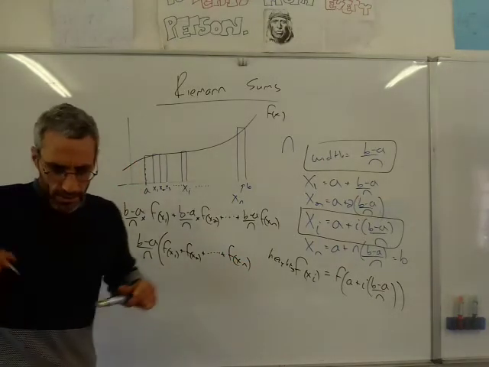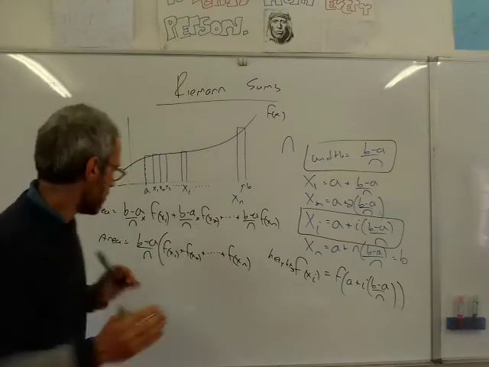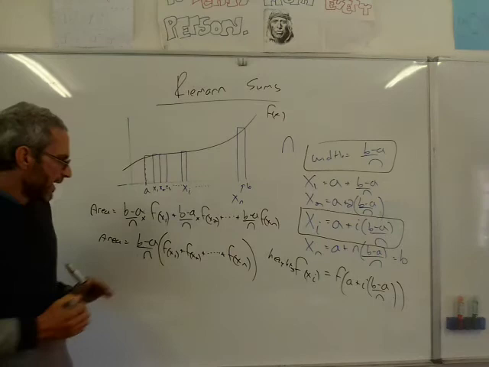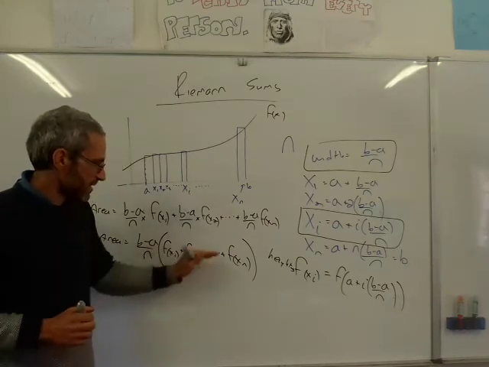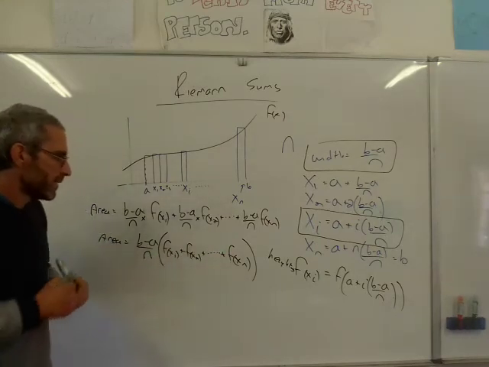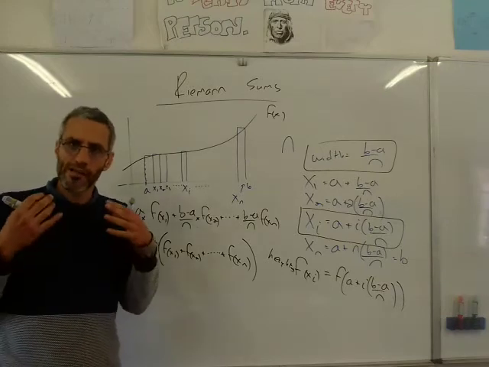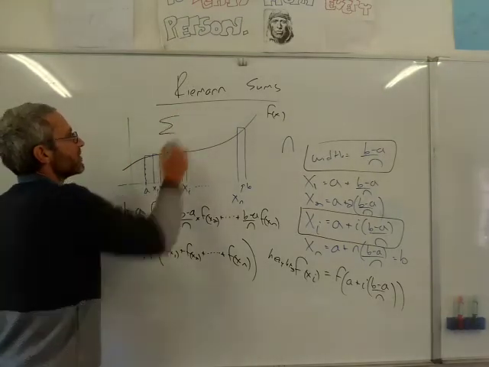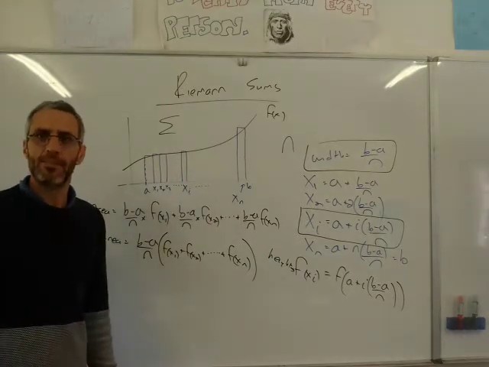Now, there is a way of shortcutting this a little bit. Obviously, there are brackets here. Instead of writing f of x1 plus f of x2 plus all that stuff, there is a certain notation which I think you came across before, and that's sigma. Sigma means sum of.